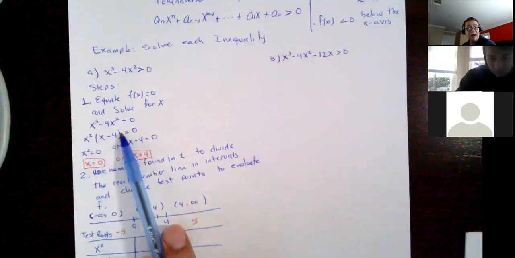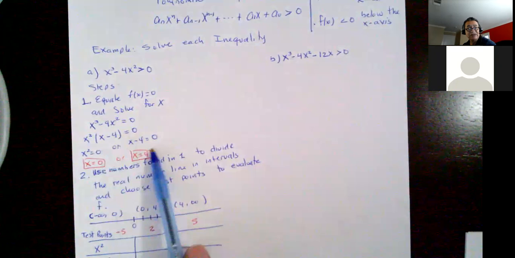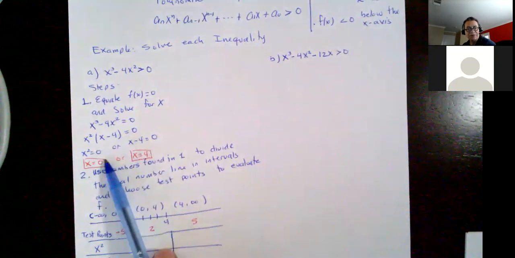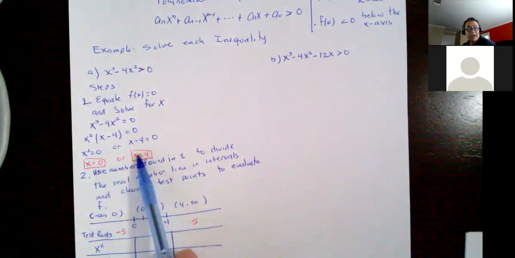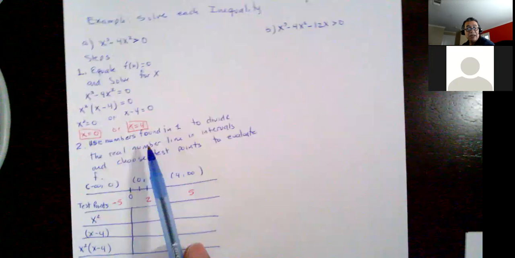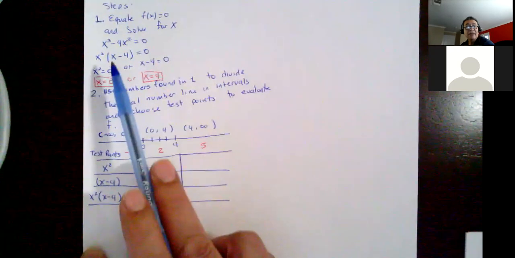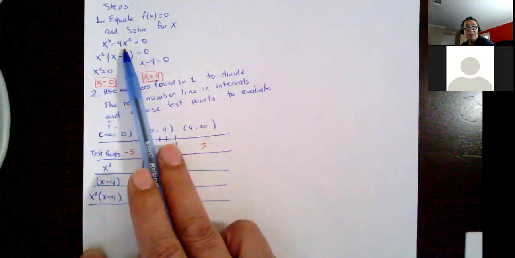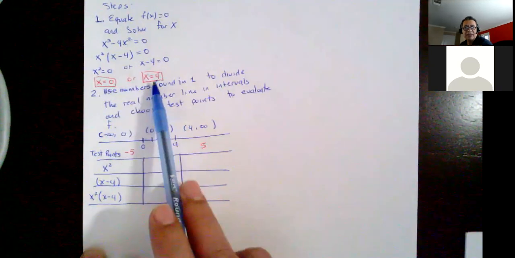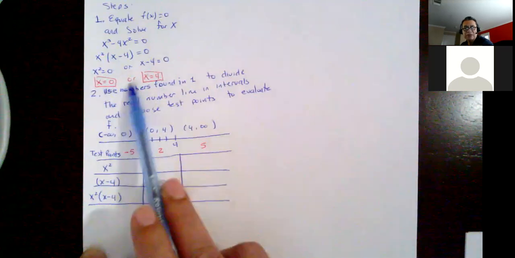At 4 the multiplicity is odd, so it crosses the x-axis at x equals 4. Even multiplicity touches only the x-axis and goes back, and odd multiplicity crosses the x-axis. If we wanted to graph this equation, that's what we consider.